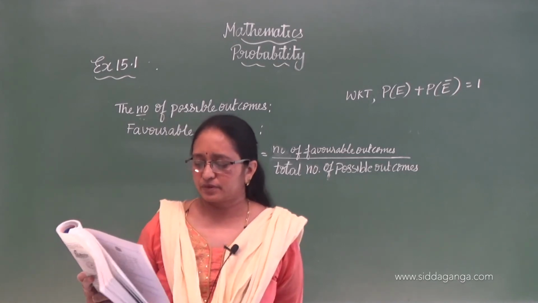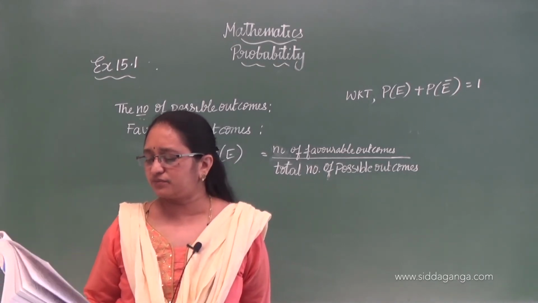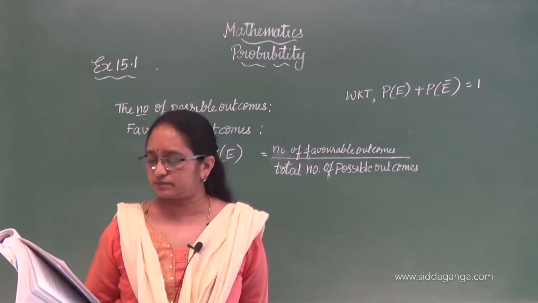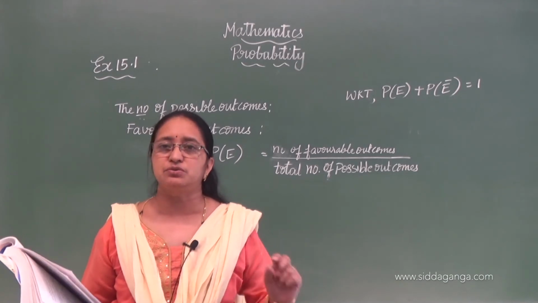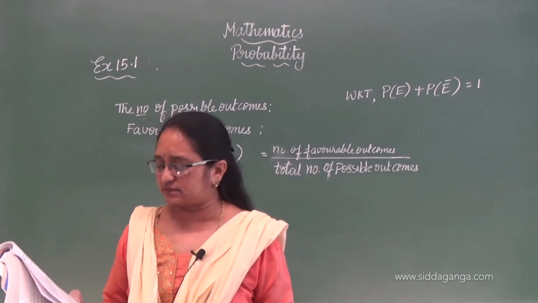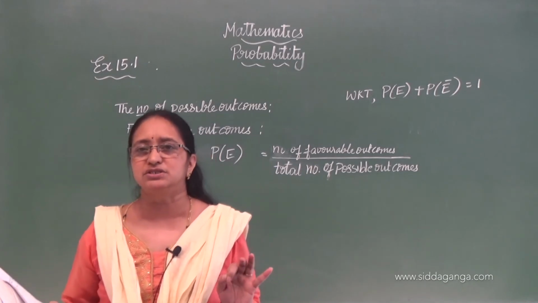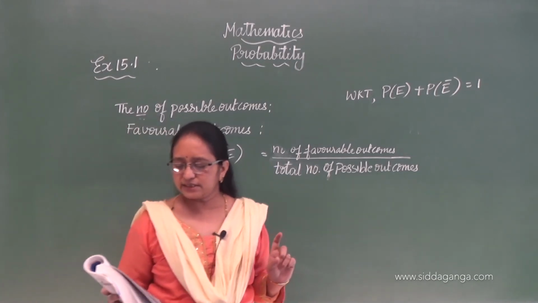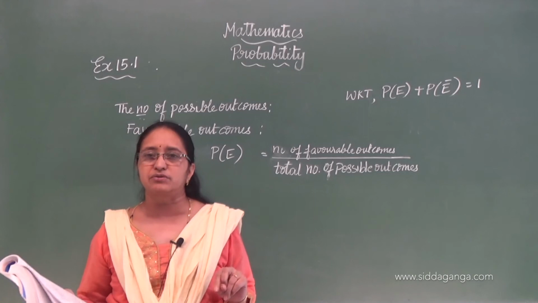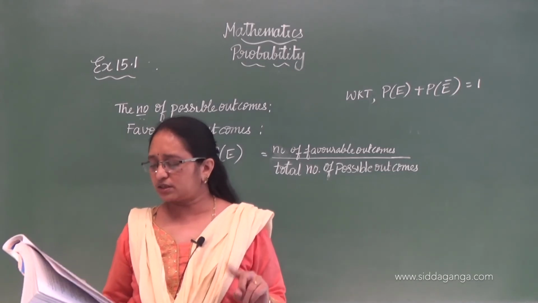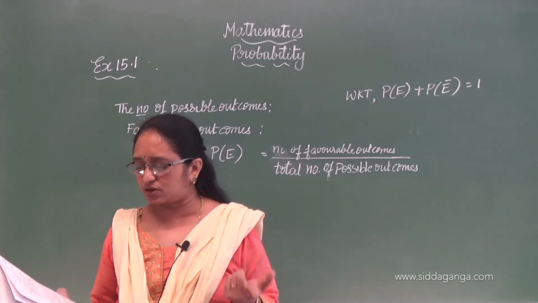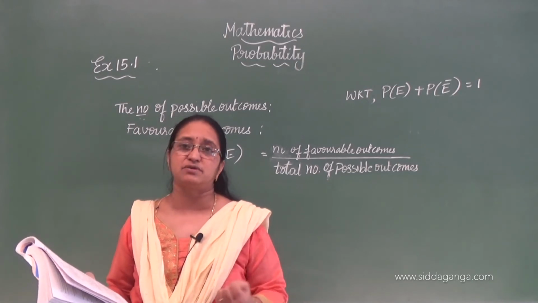Sixth one: a bag contains lemon flavored candies only. See, it contains only lemon flavored candies, so you have to read the question carefully. Malini takes out one candy without looking into the bag. What is the probability that she takes out an orange flavored candy?